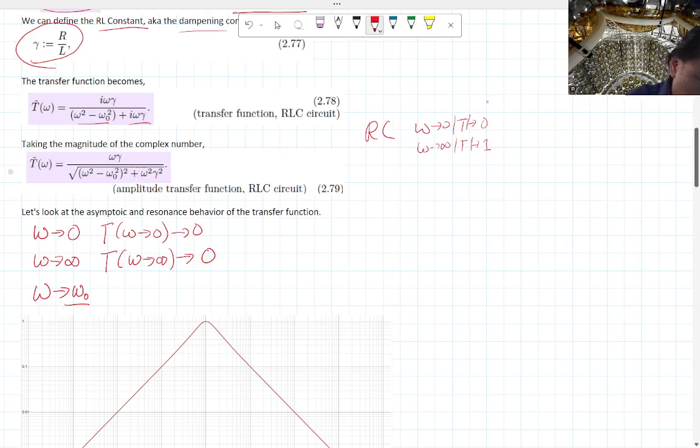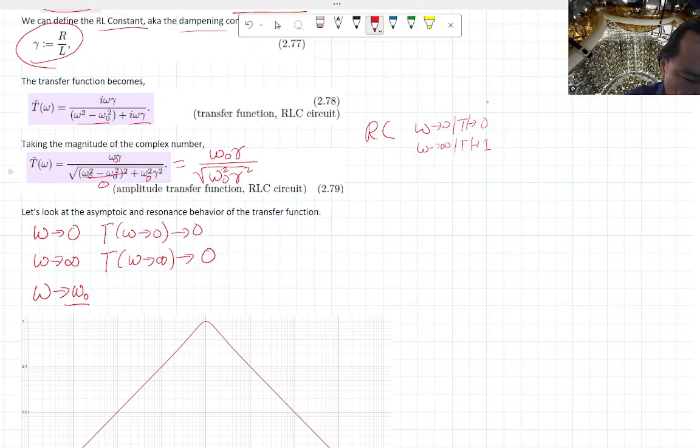If omega goes to omega naught, it's just some number, so I'm going to put naughts everywhere. This term goes to 0, because omega naught squared minus omega naught squared is exactly 0. So this becomes omega gamma over the square root of omega naught gamma, both squared.